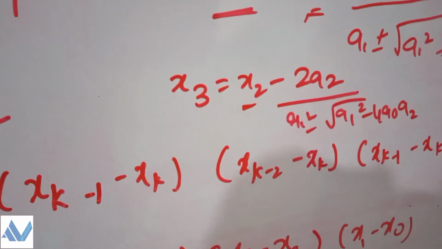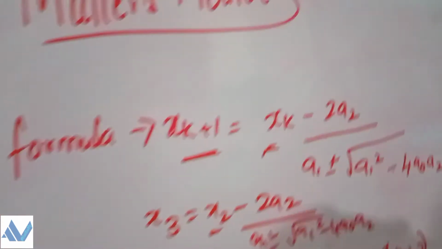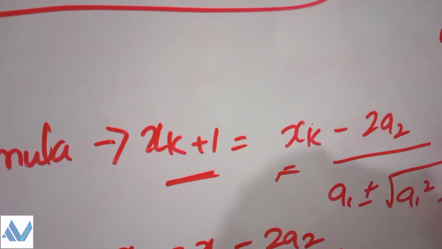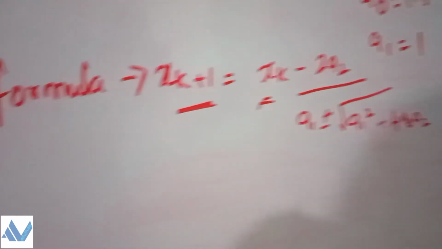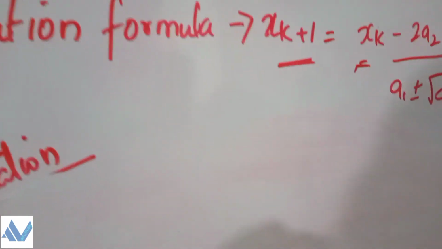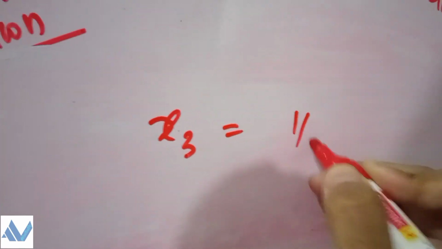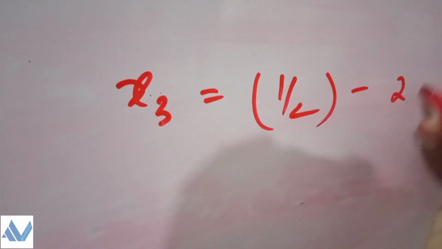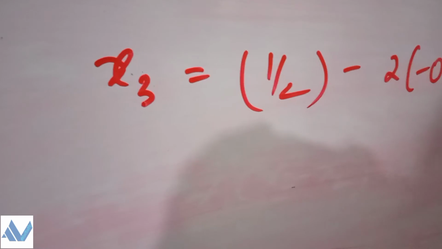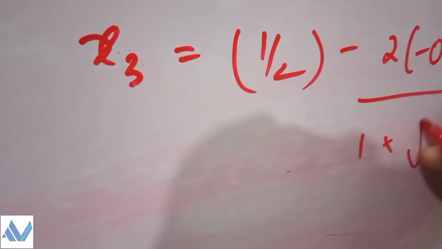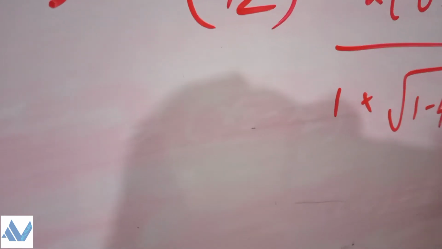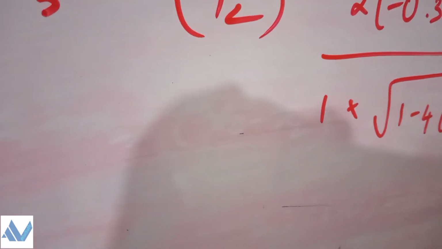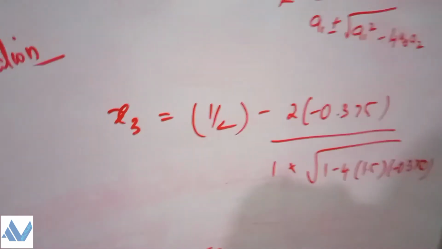So now we substitute the a0 and a1 values in the iterative formula. We got a0 as 1.5 and a1 as 1. Now we substitute in the formula. x3 is equal to half minus 2 by minus 0.375 plus or minus the square root of 1.5 minus 0.3750. So we substitute it.